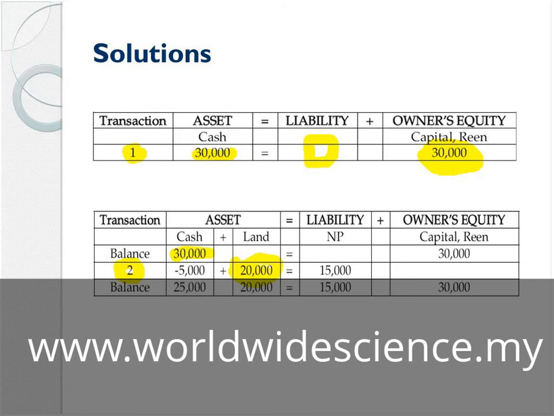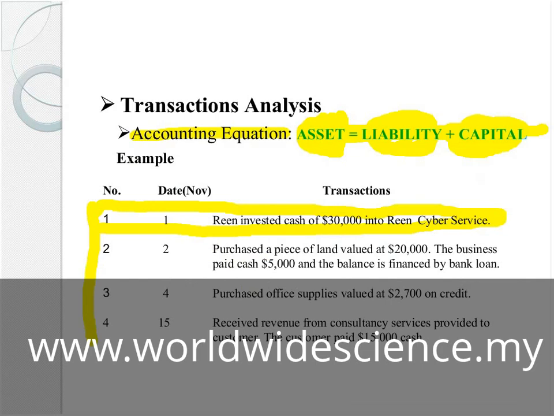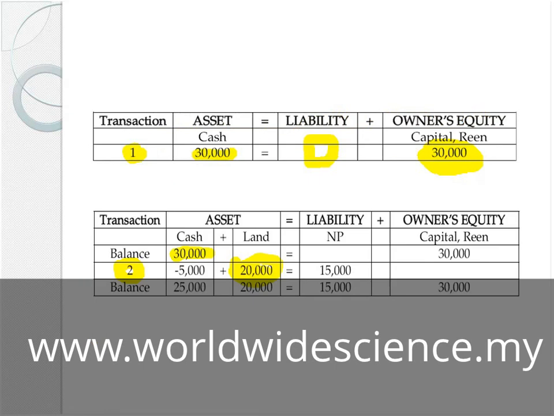And go back to the second one. The business paid cash, and we paid the cash of 5,000, which is financed by the bank. So this is our cost. Why is it minus 5,000? We have paid cash of 5,000, right?